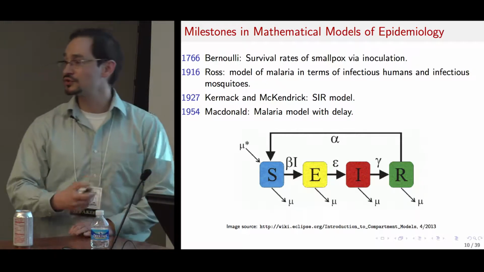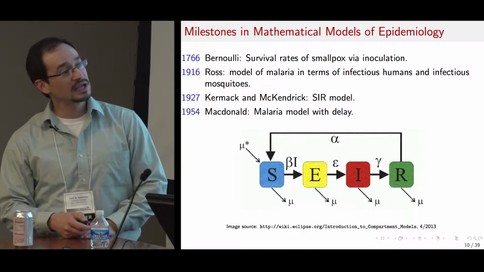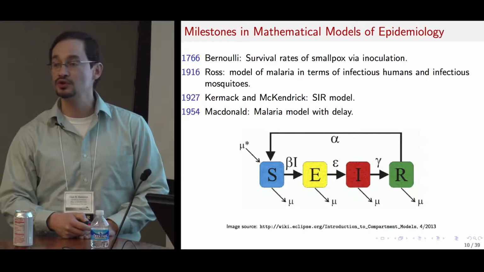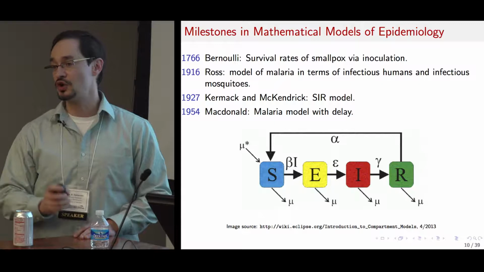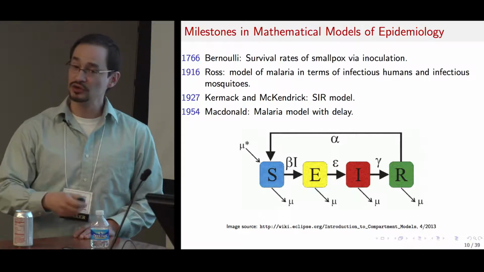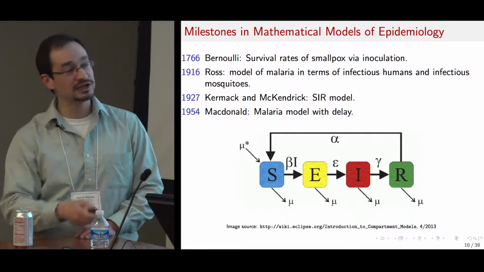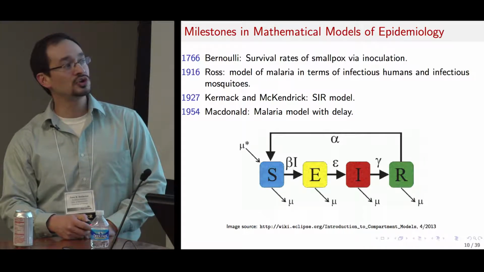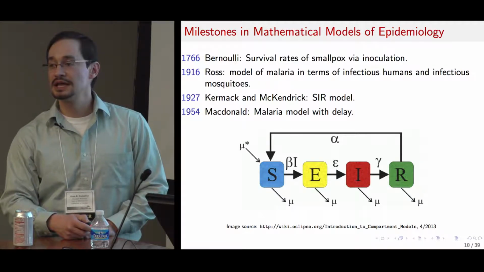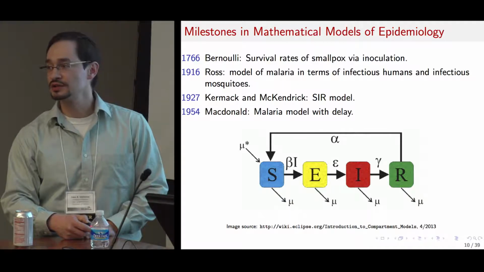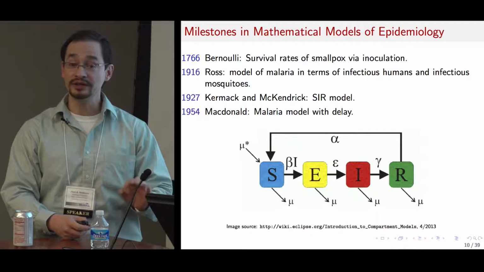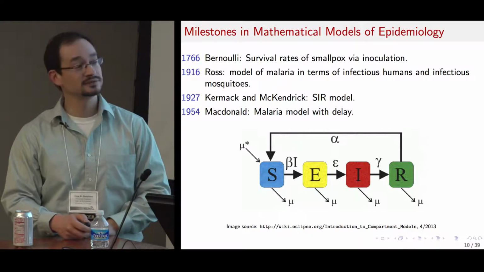In 1916, Sir Donald Ross made what he claimed to be his most important contribution, a mathematical model known as the Ross model, and we will see it in the next slide. Then Kermack and McKendrick took what he had done, and they worked on a new family of models that are the standard way of doing quantitative epidemiology nowadays.